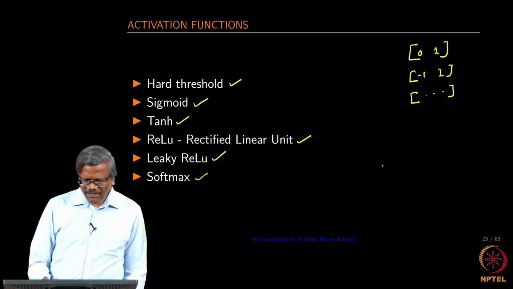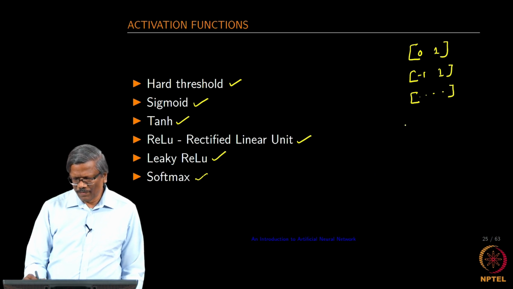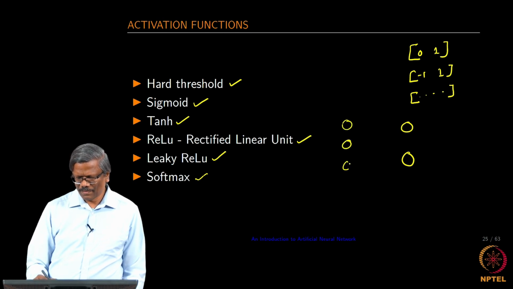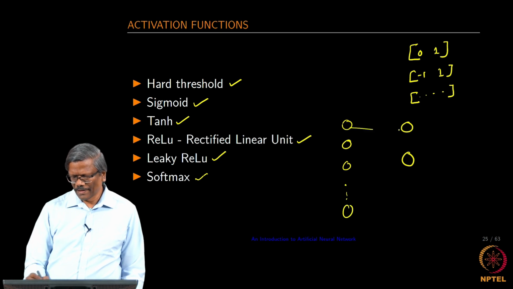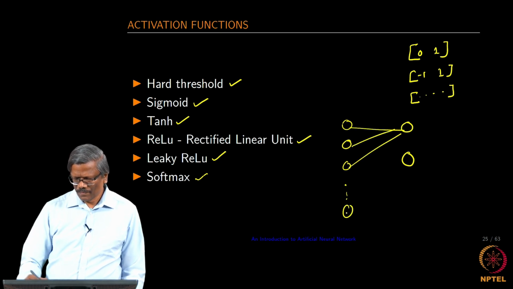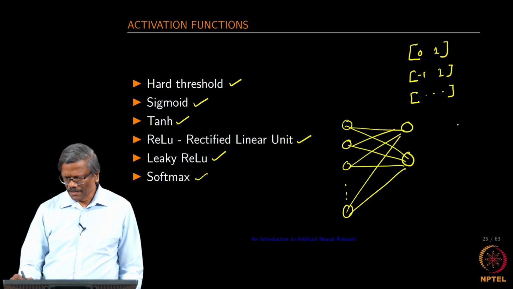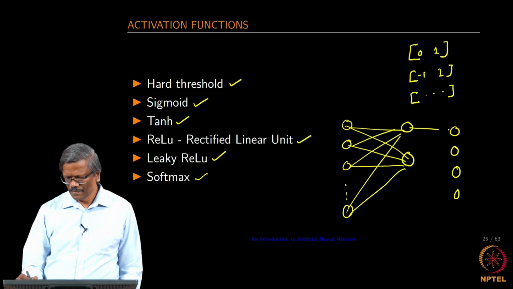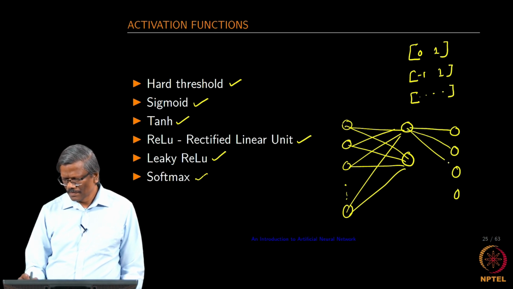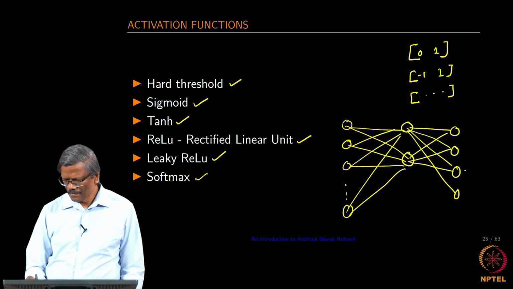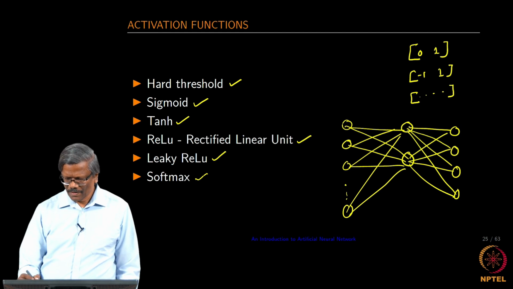Okay. So, there are network architectures where there would be more than one neural element. You will have input connecting to neurons in this fashion, and you will also have multi-class output in this fashion. Okay.